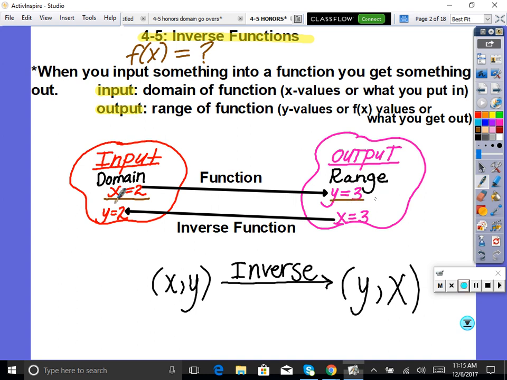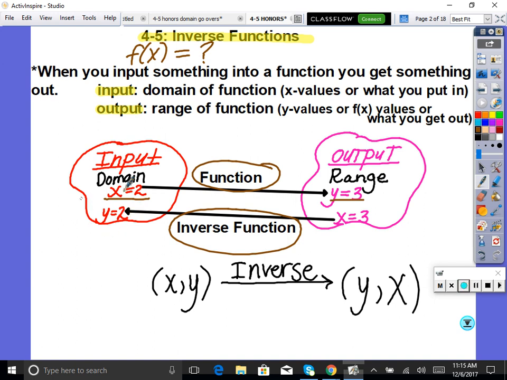So that was the original function. What's going to happen is, if you take an inverse function, now if we plug in 3, which was our output here, into our inverse function, what's going to come out is 2, the original input.